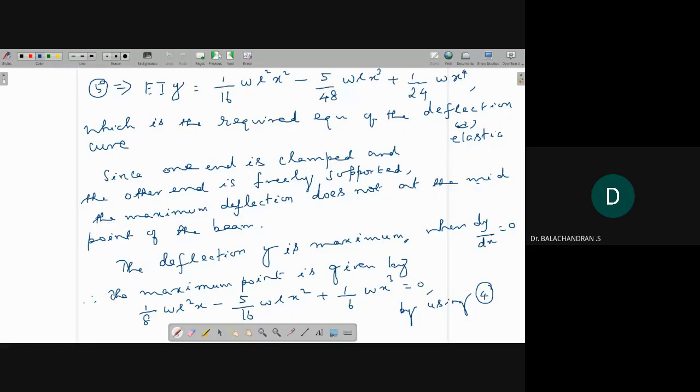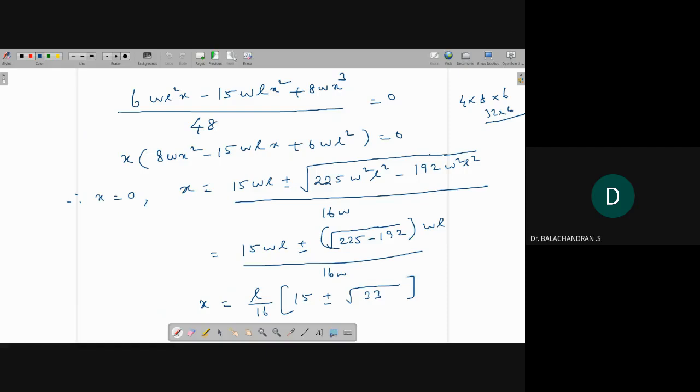I already told that since one end is clamped and the other end is freely supported, maximum deflection does not occur at the midpoint. The deflection y is maximum when dy by dx equals 0. So the maximum deflection occurs either at x equal to 0 or x equal to 15 plus or minus. Out of these three, which one? Why are the remaining two not? You should tell the reason also. Anybody?